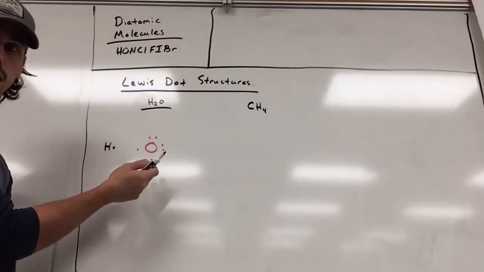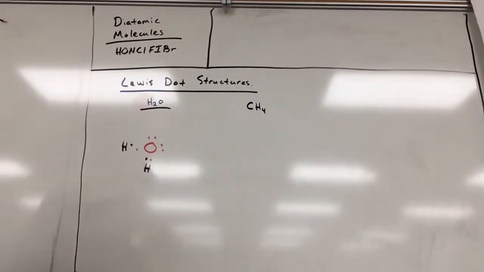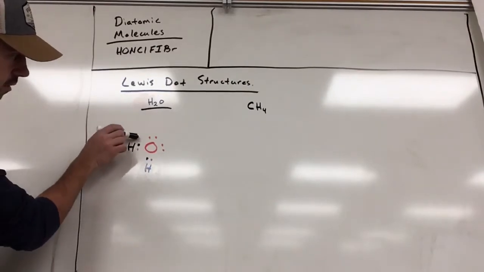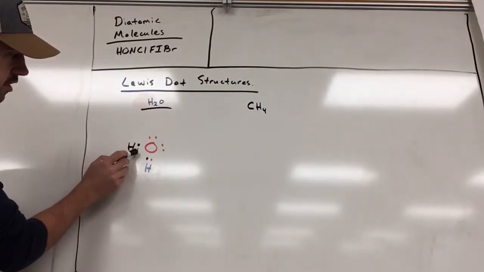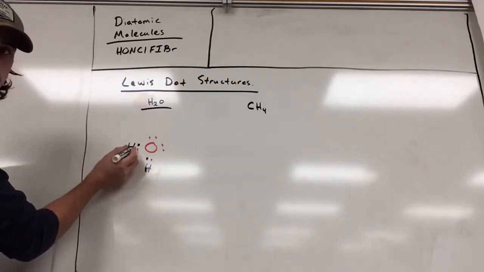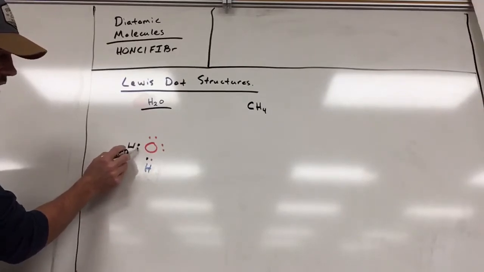Oxygen needs 8. So when these react and they form covalent bonds, in this case, this hydrogen is sharing its electron with oxygen, and it's getting to share oxygen's electron here. So right here, they're forming a single covalent bond because both of these atoms are sharing these electrons.